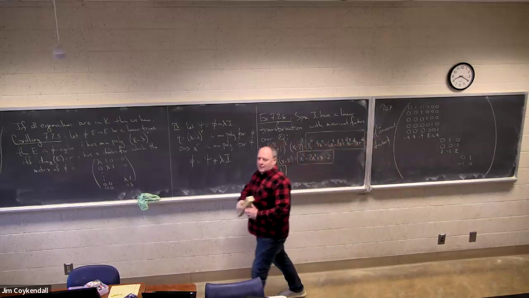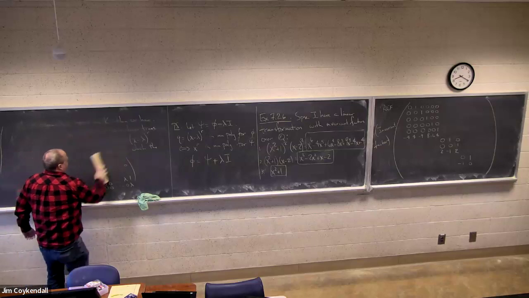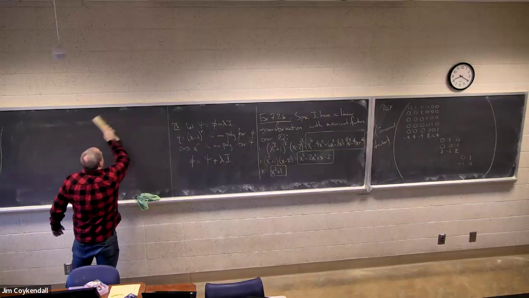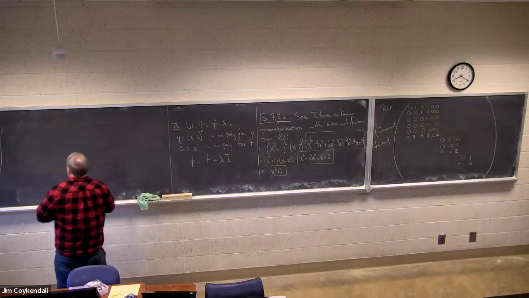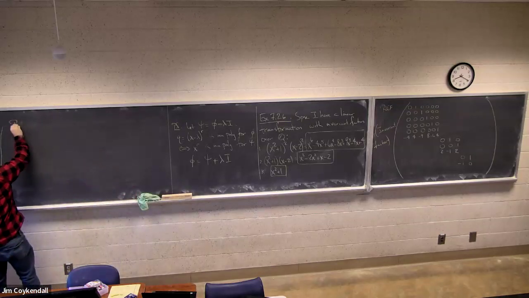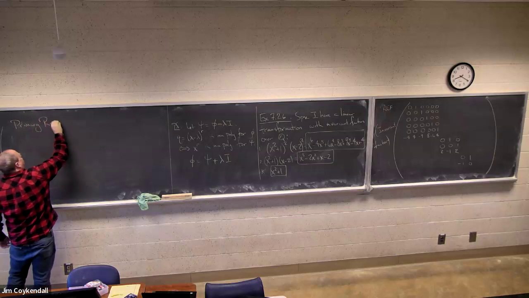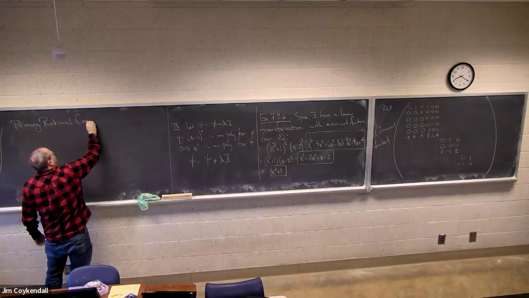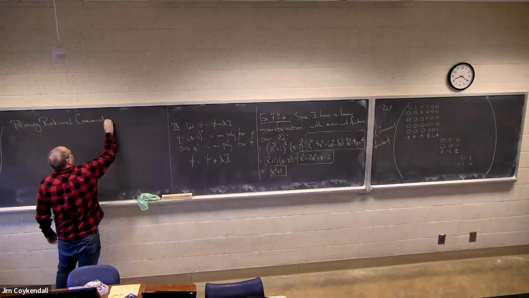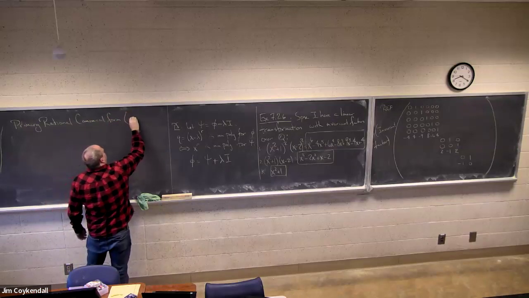And corresponding to the elementary divisors, we have what's called the primary rational canonical form. And this is elementary prime.